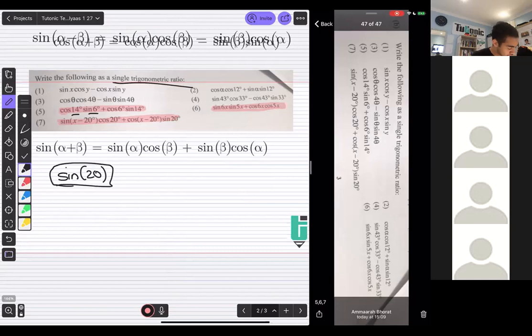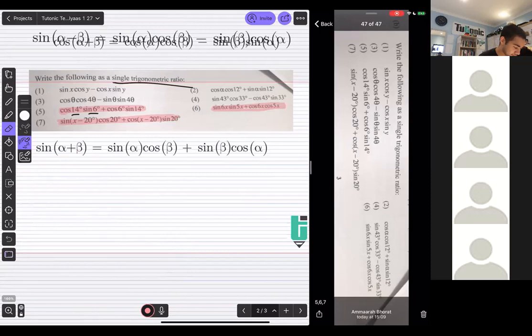It's not a special angle, so you can't really say what it is unless you've memorized the trig ratios, which I don't know if anybody's done that. Yeah, I did the same thing, but I rewrote it as sine 6 plus 14 in brackets and then another bracket sine 20, because I wasn't sure if I must add or must just leave it like that.